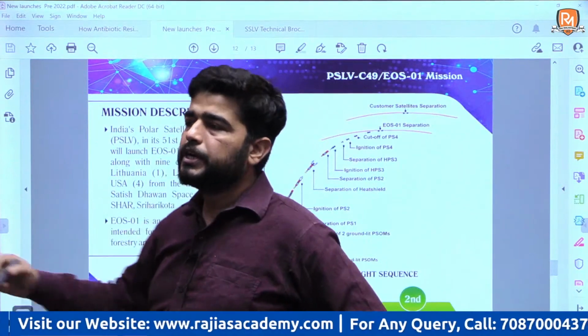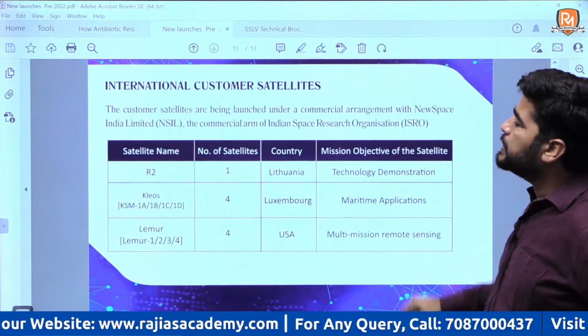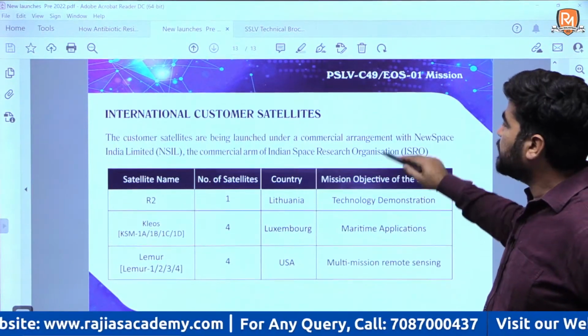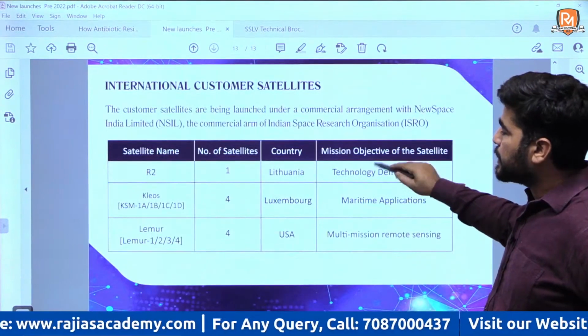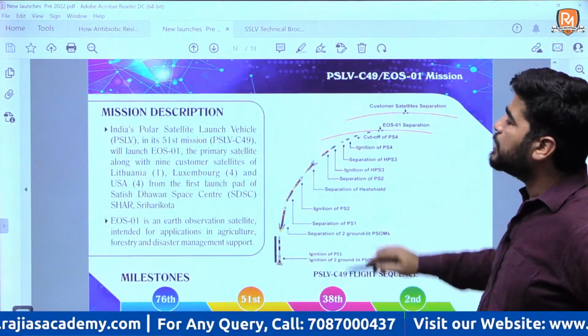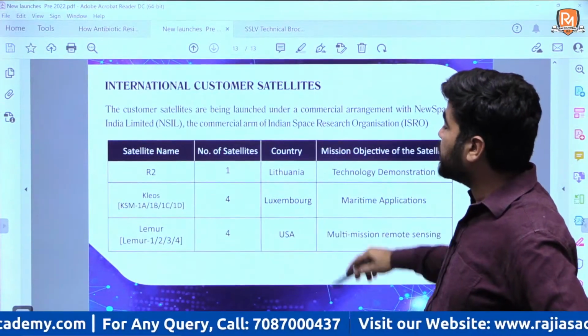It was launched in early 2021. EOS-1 was the main satellite, but with this 18 more satellites were launched.